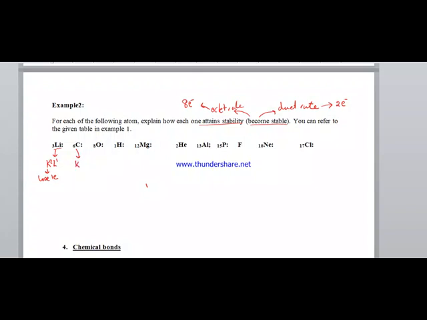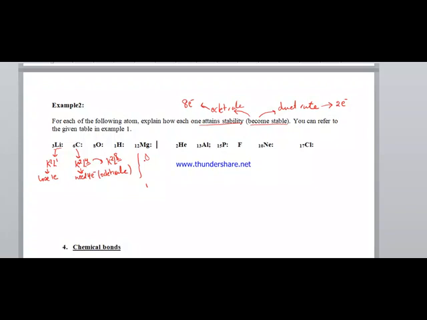Carbon has K2L4, it is in column 14, so it will need 4 electrons in order to be stable, or to satisfy the octet rule. When it satisfies the octet rule, after adding 4 more electrons, it becomes K2L8, so the outer energy level is completed by 8 electrons.